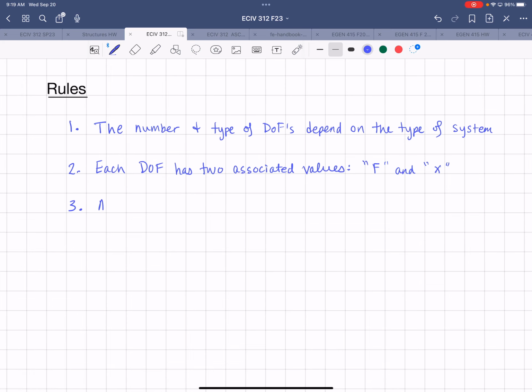Third rule, at each node, exactly one value per degree of freedom is known. So that means exactly one of these 2 values that we defined above.